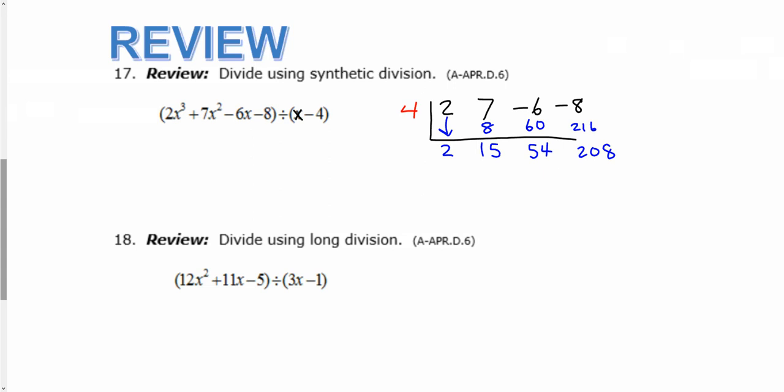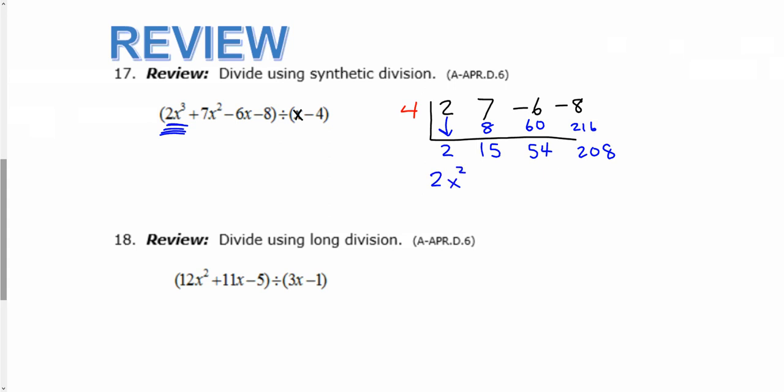So once you have your numbers at the bottom there, you just make a small adjustment to the original degree. The degree is the highest exponent. So when you do these synthetic division problems, all you do is lower the degree by 1. So instead of being to the third power, now this is going to be to the second power.